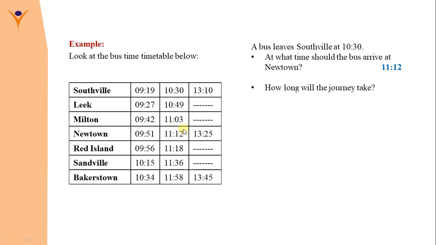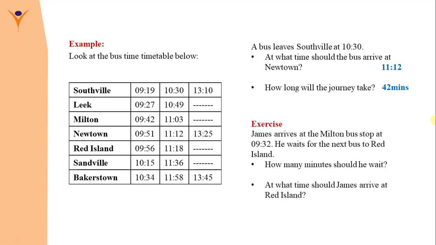So if we subtract 18 from 60, that will take us back to 11:12. So 18 from 60 is 42. So that should be 42 minutes. Another way you can do it is to say from 10:30 to 11 is 30 minutes. Then from 11 to 11:12 is 12 minutes. So 12 plus 30 is still 42. So 42 minutes. All right, that is correct.